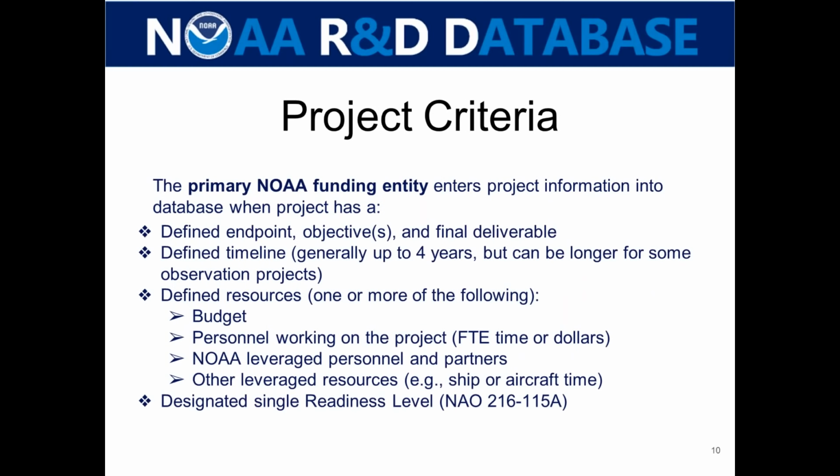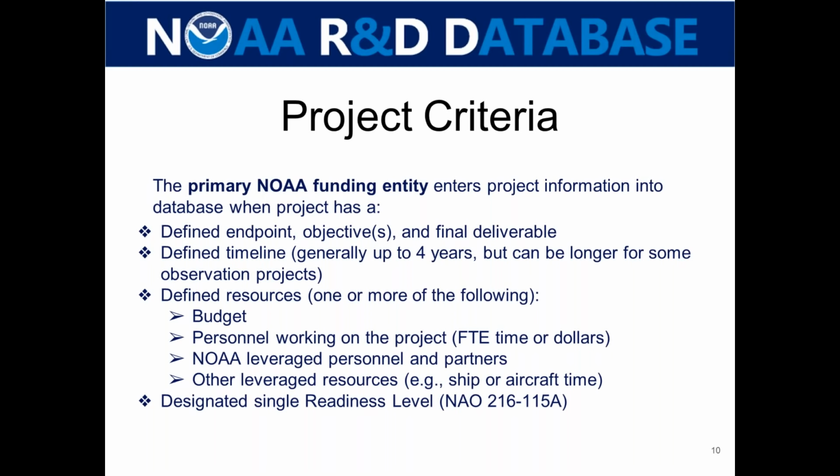Okay, project criteria. I touched on some of this, but it's important to understand what is and is not a project. I already mentioned that the entity that is primarily funding the project at NOAA is the one that will be entering the project, and then all of the other offices will be added as partners.